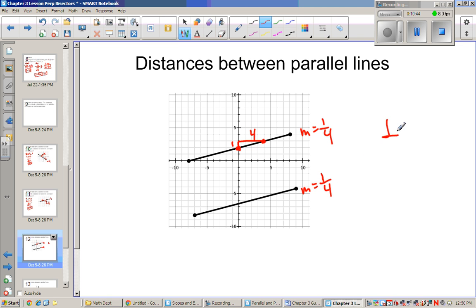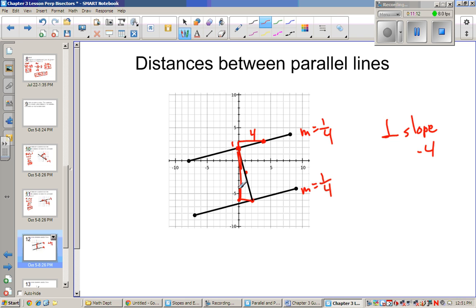So the perpendicular slope is going to be -4. So you take any point, let's take this point, go down 4, 1, 2, 3, 4, over 1. That doesn't hit the line, so we have to go again, down 4 over 1. And this line connecting them is going to be the shortest distance. So now we have to draw out our right triangle.